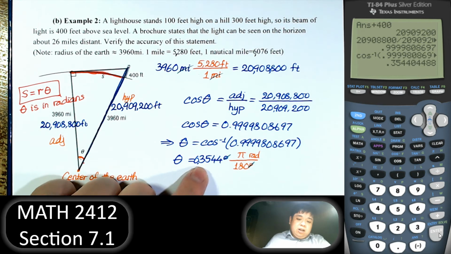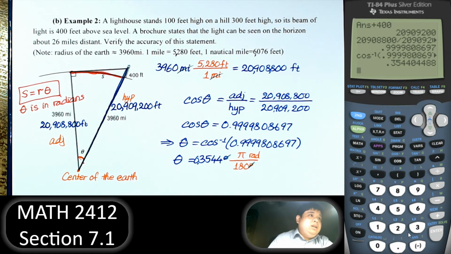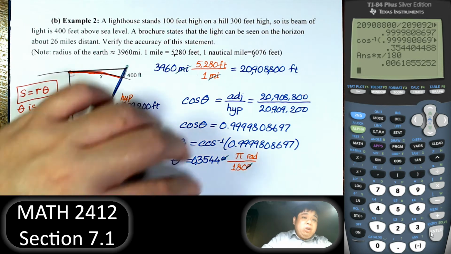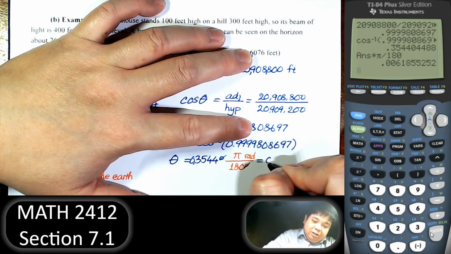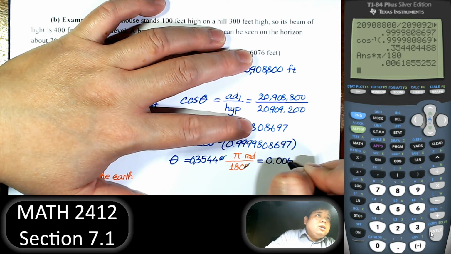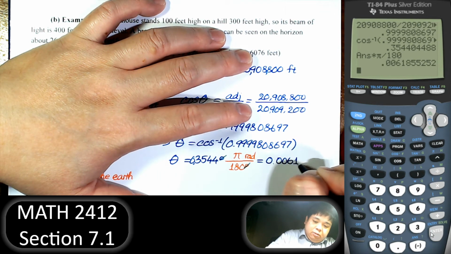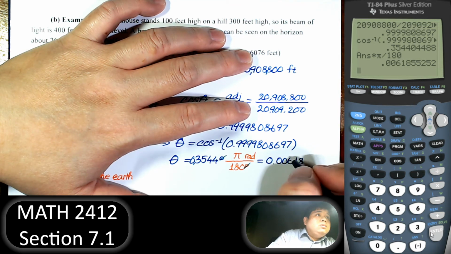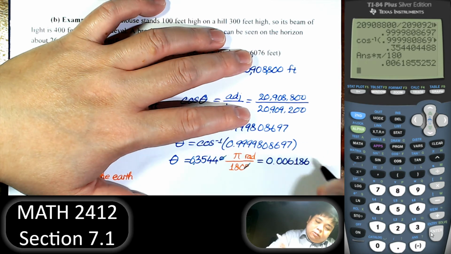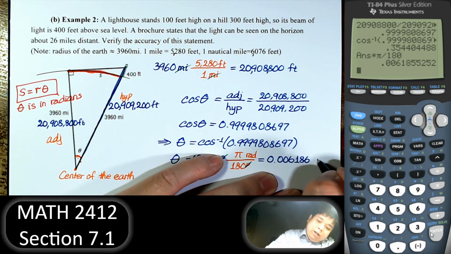So we have this times pi divided by 180. So we have that. So that is the measure in radians.